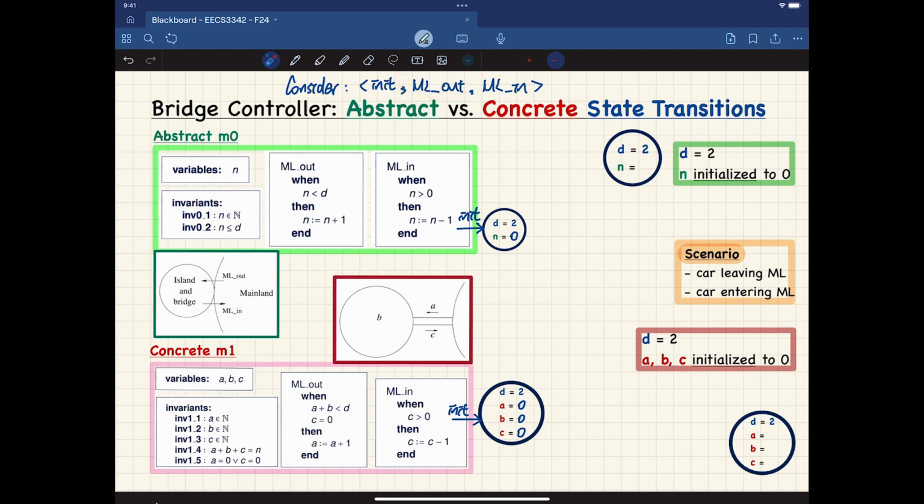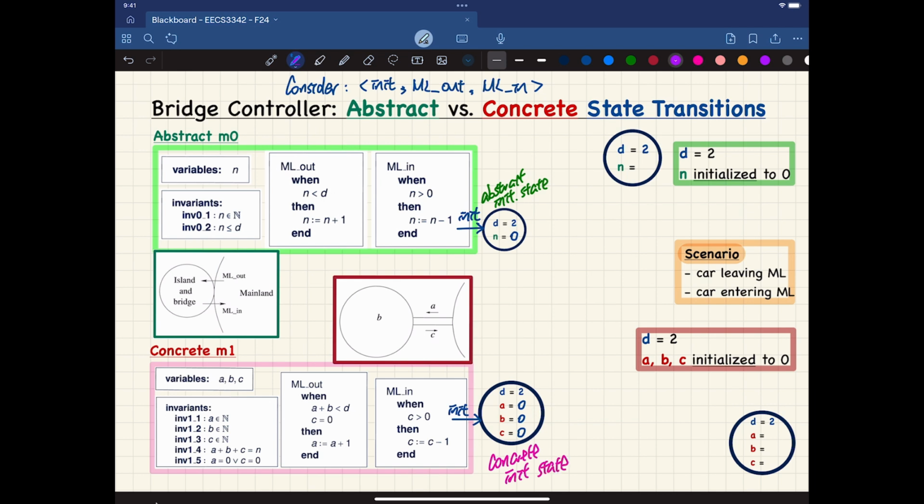Okay, how do we interpret that? First of all, how do we link these two states together? This is the abstract initial state, and this one is the concrete initial state. How do we link them together?